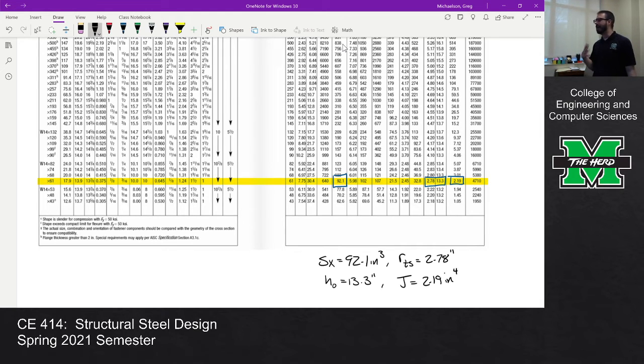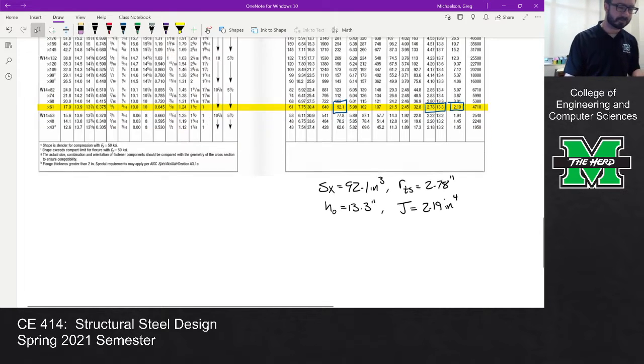RTS is kind of like a radius of gyration for LTB. It's a specific property that you just compute based off everything else. H naught is the center to center spacing of your flanges. So if you go from the center of your top flange to the center of your bottom flange, that's what that height is. It's a little bit different than your depth, a little shorter. And J is just your polar moment of inertia. J is usually a pretty small number.